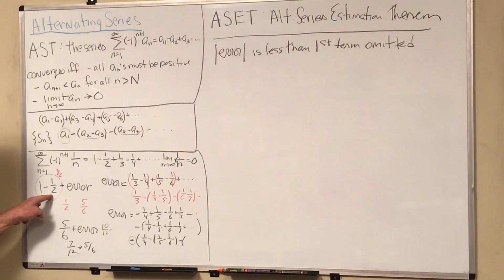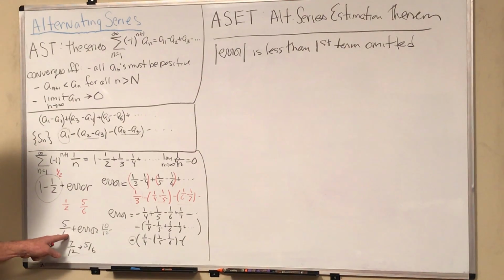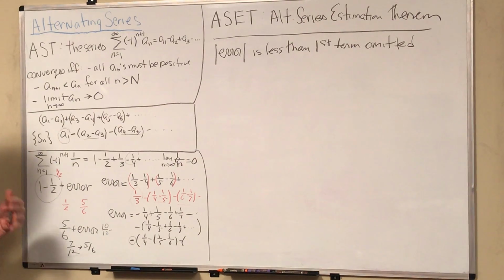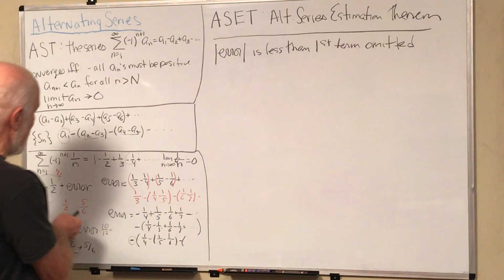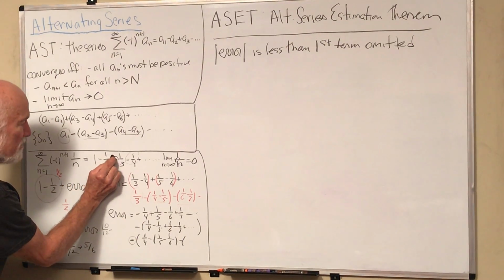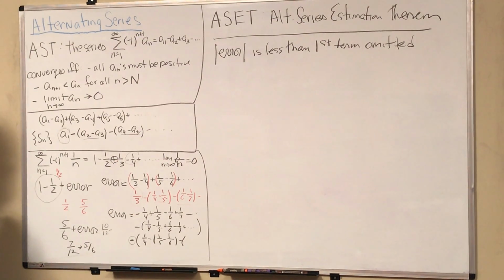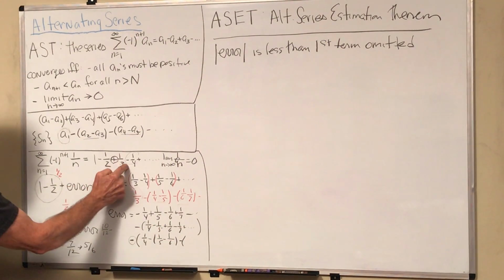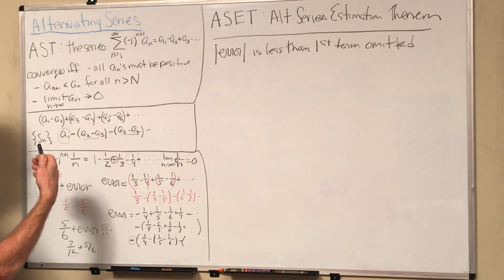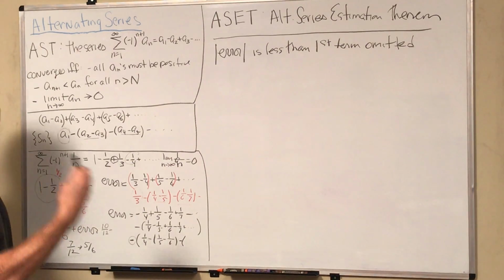On this one, the first term I omitted was 1/3, and the error was less than 1/3. Down here, the first term I omitted was 1/4, and the error was less than 1/4 in absolute value. And also, we found out here, when we omitted the one that began with a plus, the error was a positive. When the first term I omitted was a negative term, the error was a negative number.